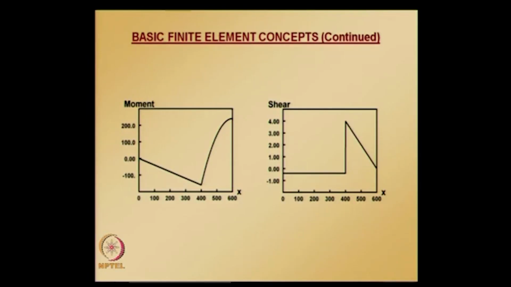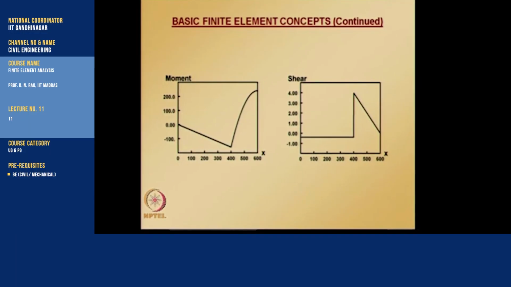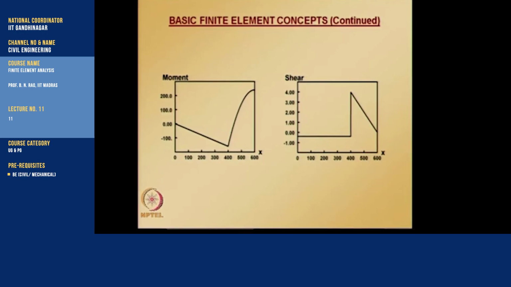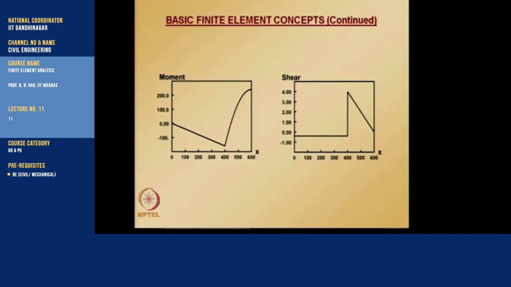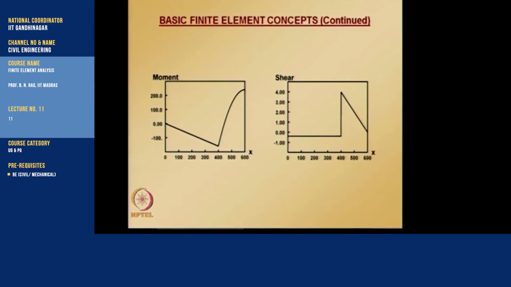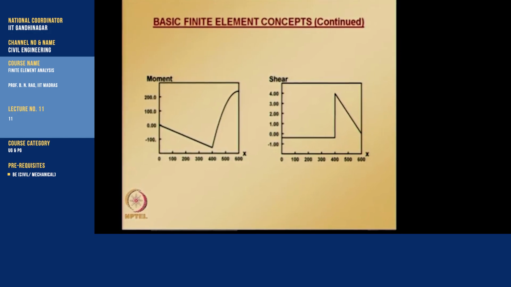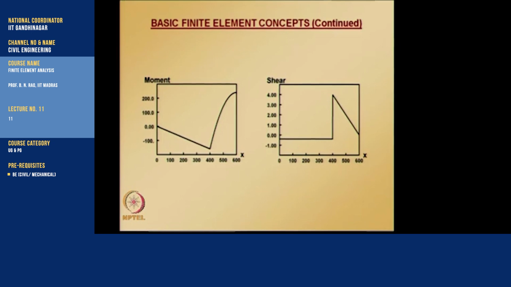From x going from 0 to 400, that solution is obtained from element 1, and x going from 400 to 600, that solution is obtained from element 2. So, combining these two element solutions, we get the complete moment diagram for the half model, and the other half of the continuous beam will have a similar variation of moment.